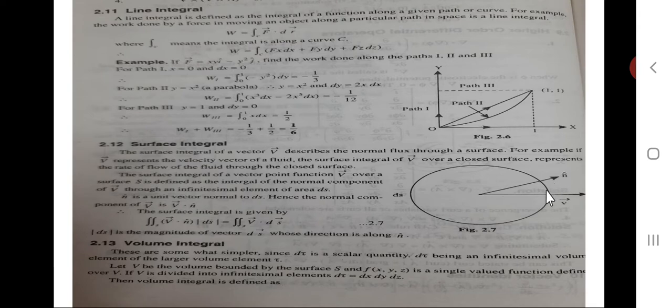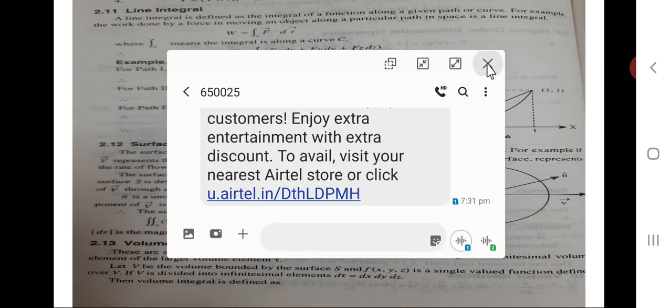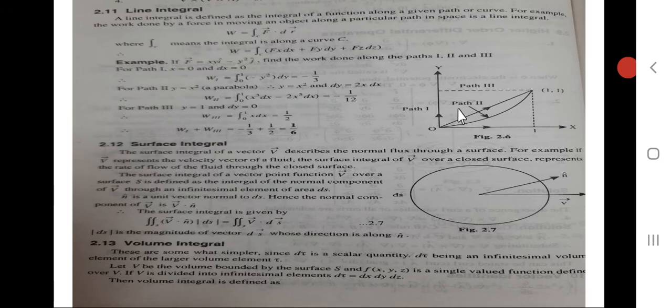Therefore, the surface integral is given by double integration over S of V dot n mod of dS, which is equal to double integration over S of V dot dS. Mod of dS is the magnitude of vector dS whose direction is along n.